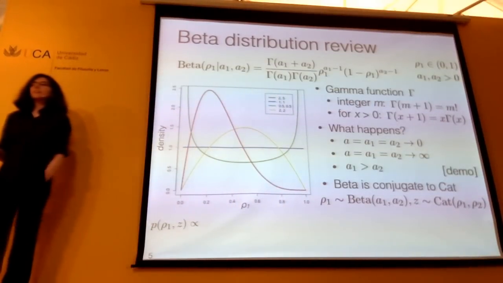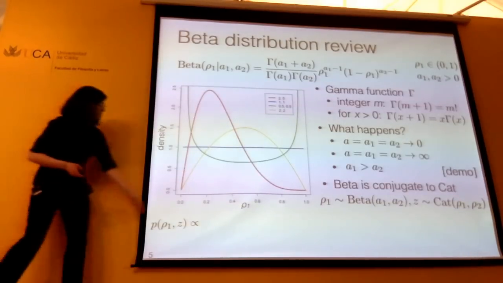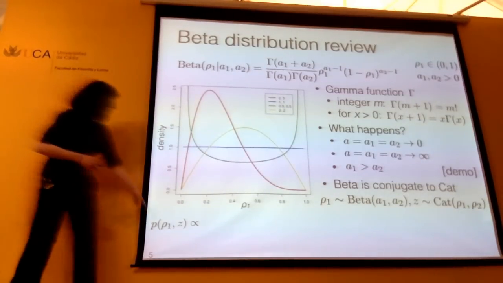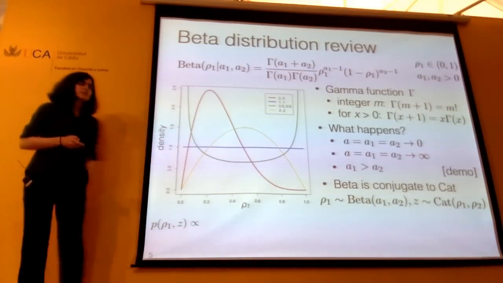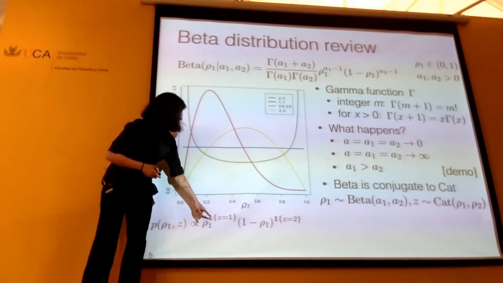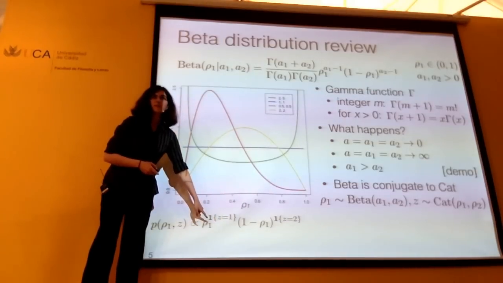And if I want to calculate the posterior, then what I'm going to do first is calculate the likelihood, the joint distribution between rho 1 and z. So that'll be the likelihood, rho 1 to the indicator variable z equals 1. So this 1 is an indicator variable.